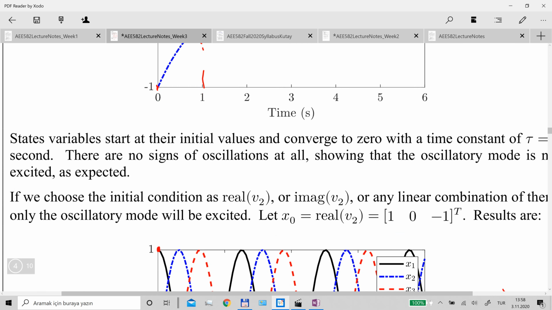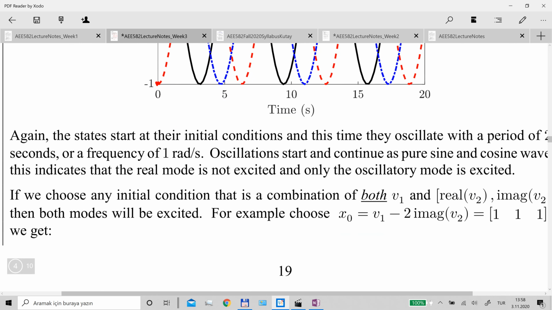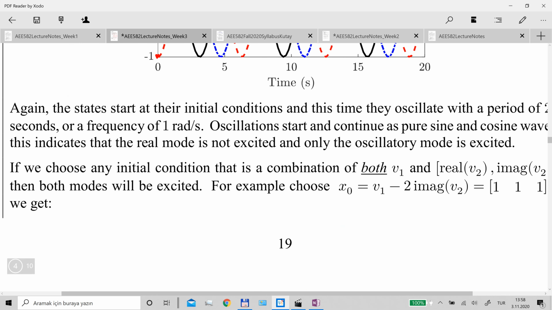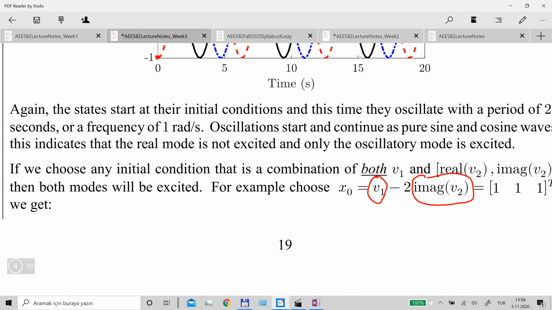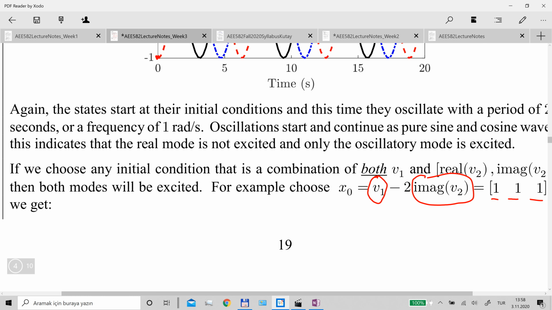And this is the last case in our example. So this is how I choose my initial condition: the first eigenvector, and -2 times the second vector in our transformation matrix. This corresponds to 1, 1, and 1.